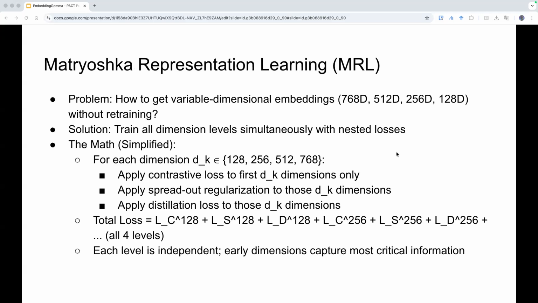The other thing that they did is Matryoshka representation learning. It's hard to pronounce, but basically, the way they do this representation learning is by applying multiple losses for different dimensions. Imagine you take 768 and within that 512, so there are different levels within it.